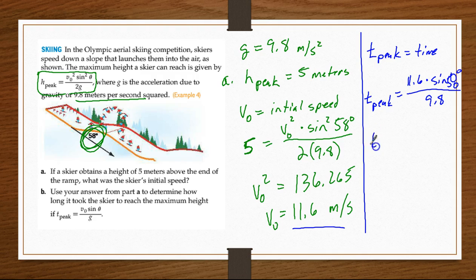I find out that T peak is equal to 1.009 seconds. Great, found an answer. But if you take a moment to think about this, in a little over a second, he went from being on the ramp to being 16 feet up in the air. Shh. How cool is that? And you were able to find that out using the math.